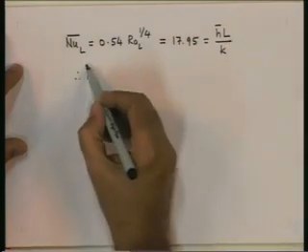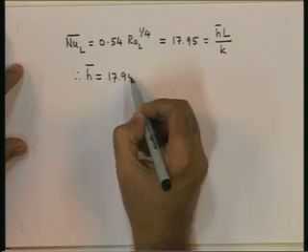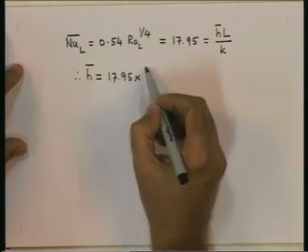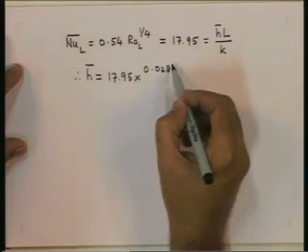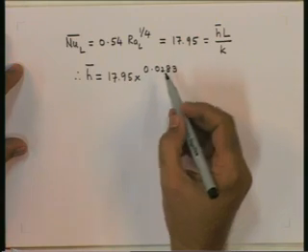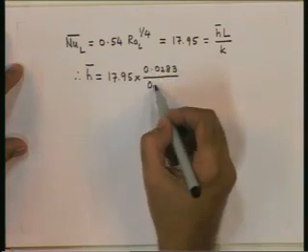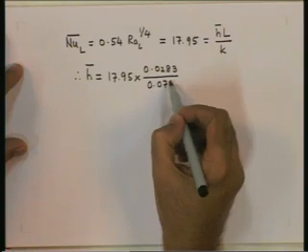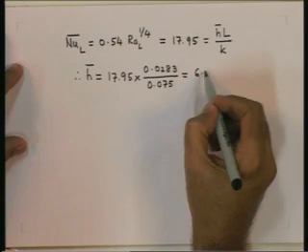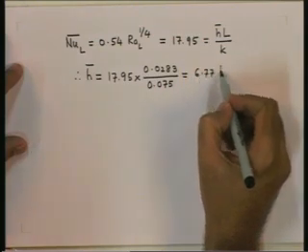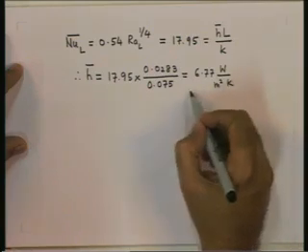Hence, h bar is 17.95 into k, 0.0283, divided by characteristic length 0.075. This turns out to be 6.77 watt per meter squared Kelvin.